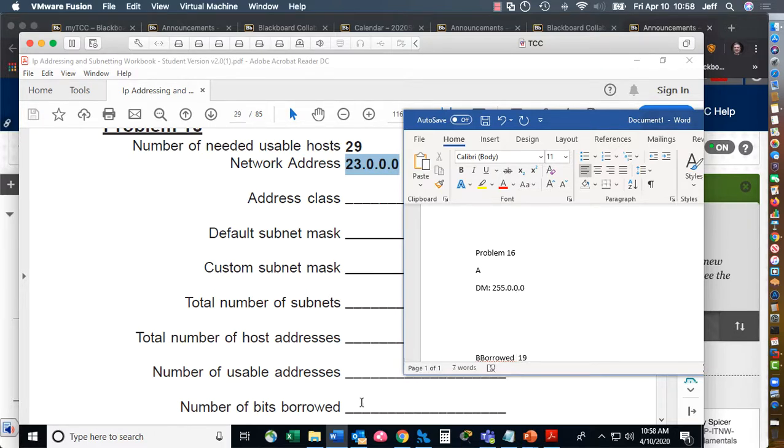If we borrow 19 bits, our custom mask is now going to be 255. We take 8 bits off, and that's 255. We take another 8 bits off, that's 255. So we've taken 16 of the 19, and that leaves 3, right?